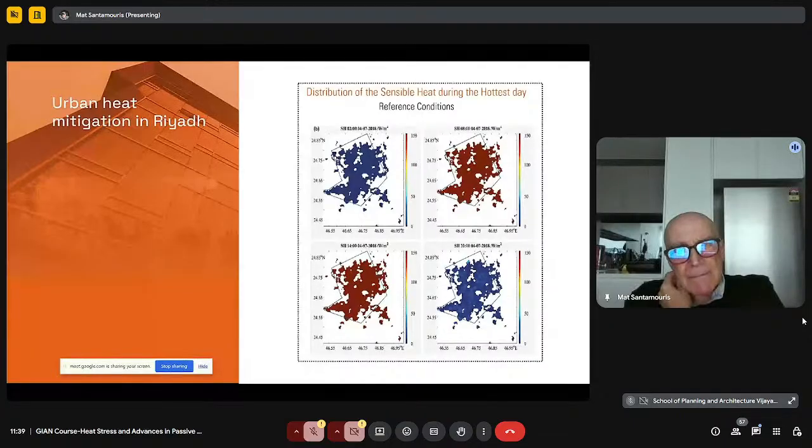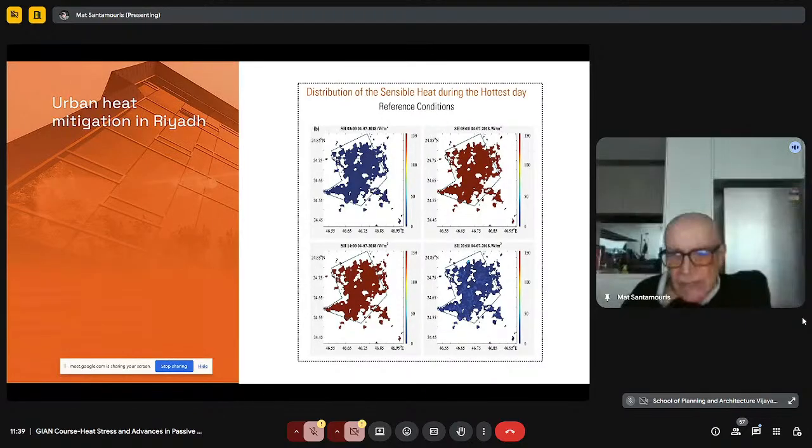So we have calculated, for the whole year, the spatial and temporal variation of the sensible heat at the city scale. And you can see, for example, that at about 2 o'clock in the afternoon, we have a sensible heat which is close to 150 watts per square meter.